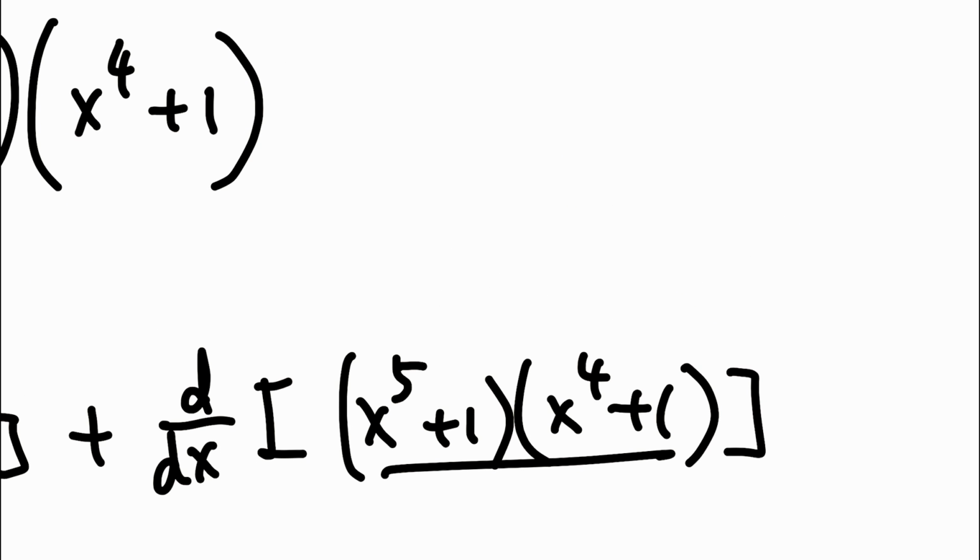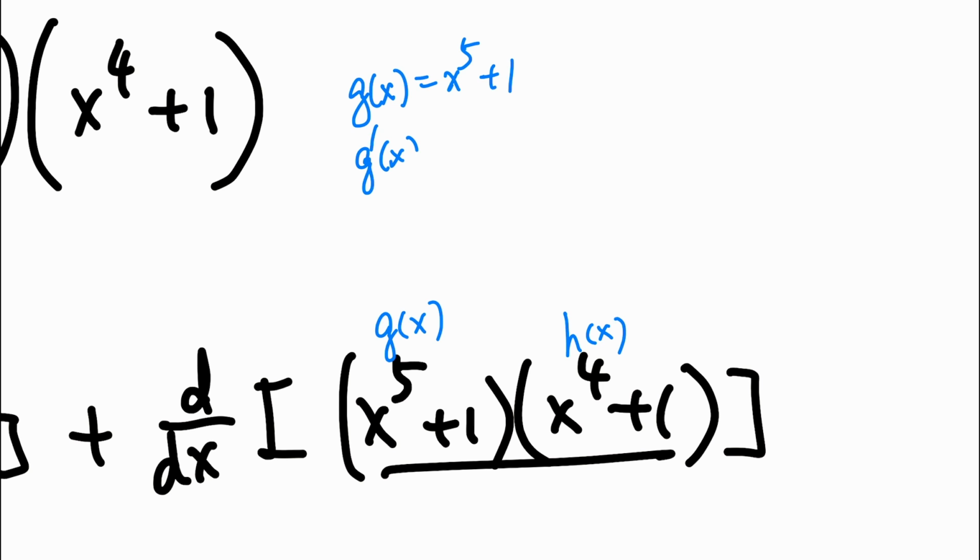Let's name this g of x and name this h of x. We have g of x equal to x to the fifth plus 1, and g prime of x is equal to, this plus 1 just does not exist in the derivative, so that would turn into 5x fourth.